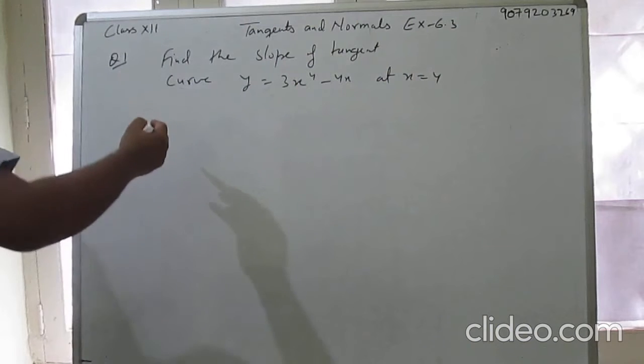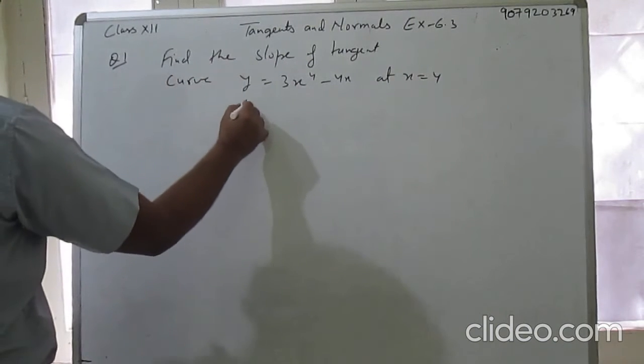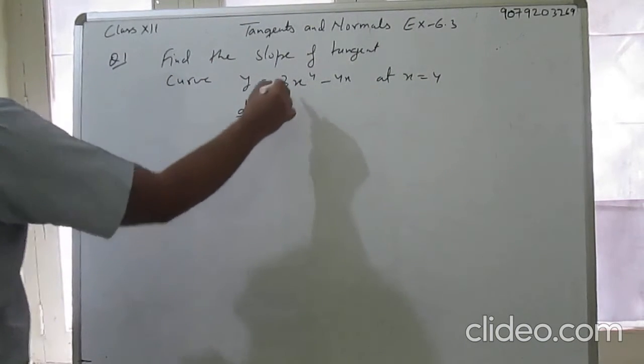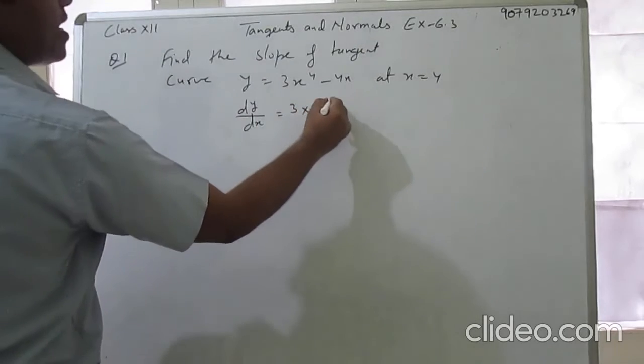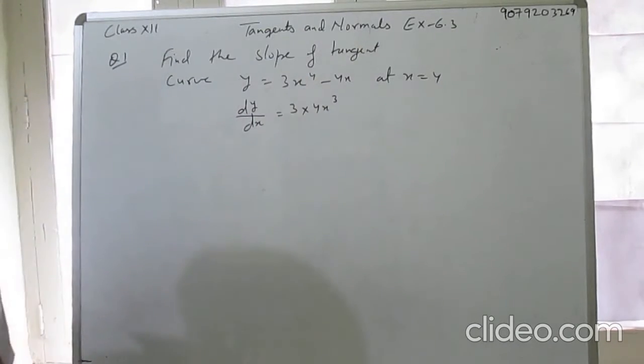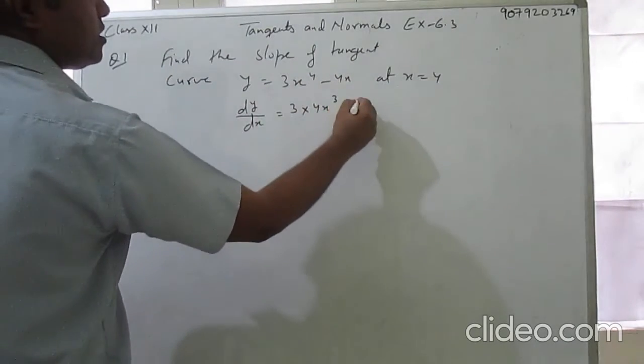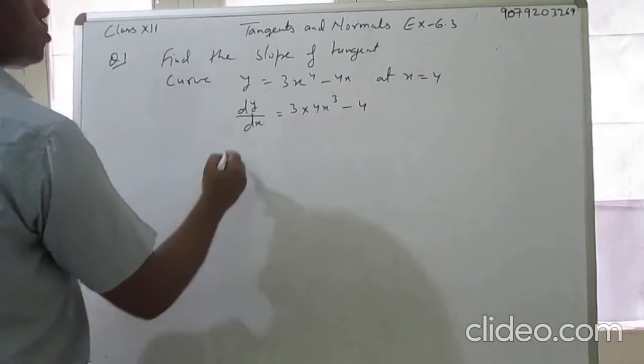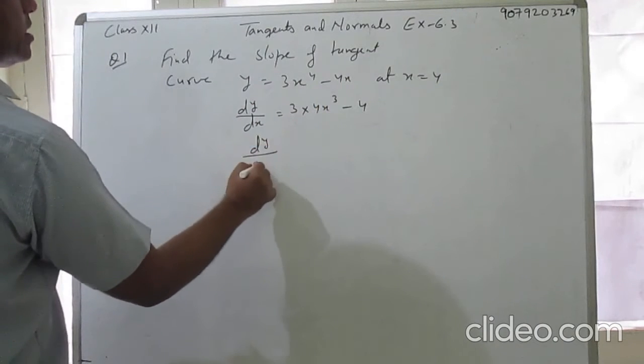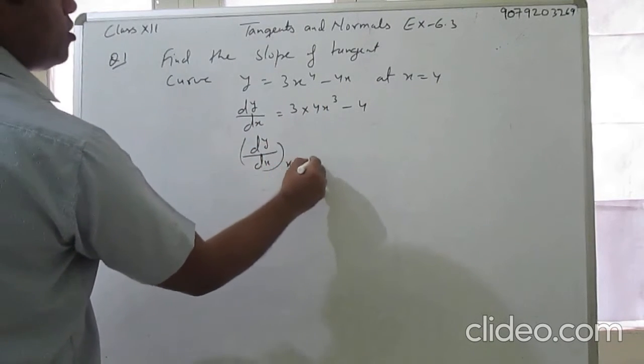Now see, what is the slope? Slope is dy by dx. So dy by dx is equal to 3 into 4x cube, differentiation of x to the power 4 is 4x cube, minus 4x's derivative, 4. So dy by dx at x is equal to 4.